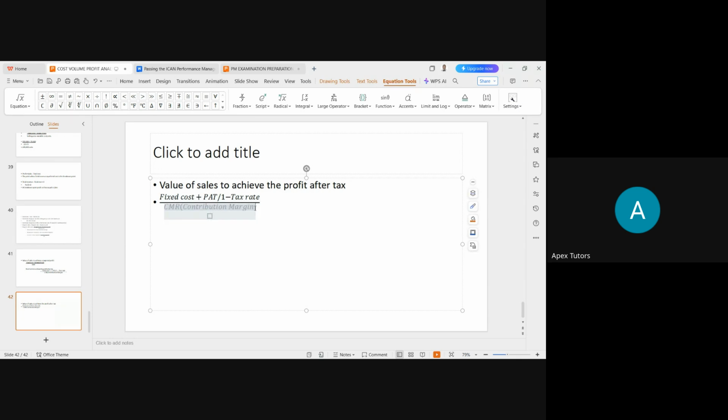Somebody will ask, what is the difference? I've highlighted the difference over time: when you are computing based on total sales, you use contribution margin ratio. When you're computing based on units, you use contribution margin.